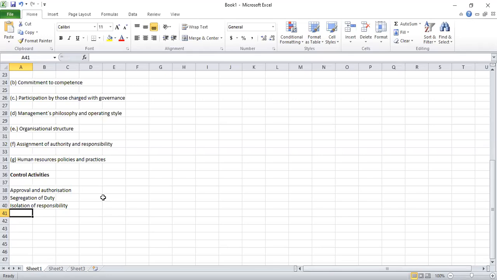Actually, signing a document is isolation of responsibility. If you see my signature, you will know that it's Kamanga who approved this payment. He's the one who was responsible for approving it. So signing is one of the major ways we can use as a control activity.